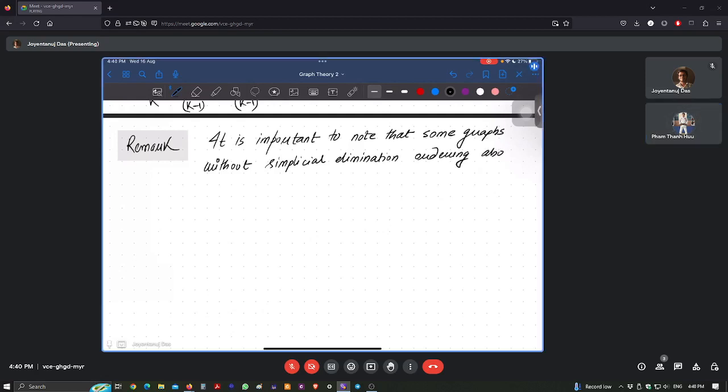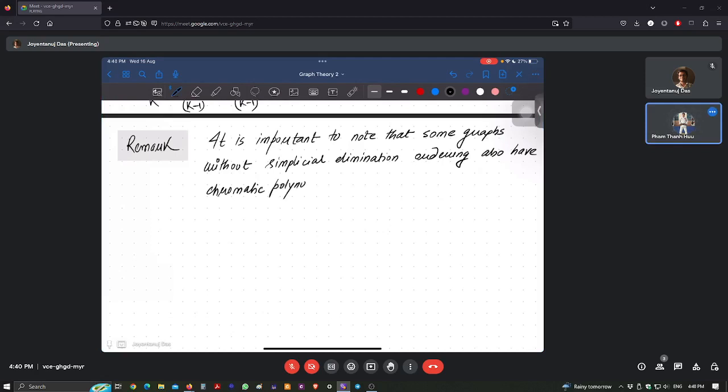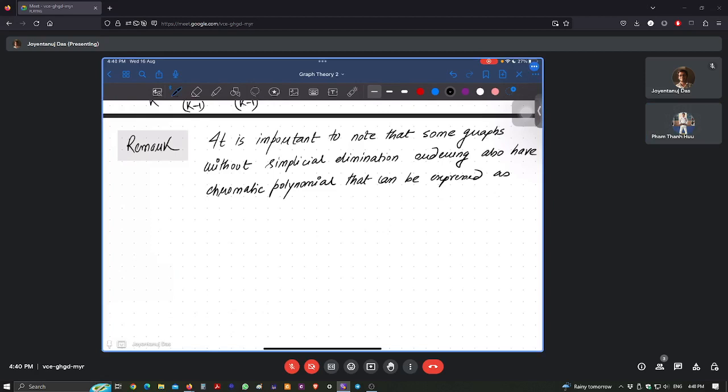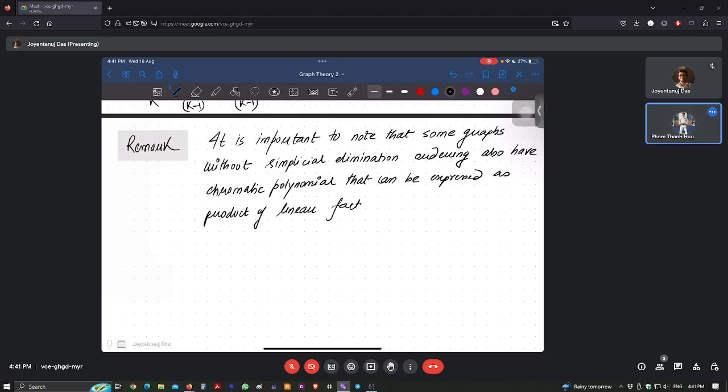They also have a chromatic polynomial that can be expressed as a product of linear factors of the k minus ri form like this, where these ri's are non-negative integers.